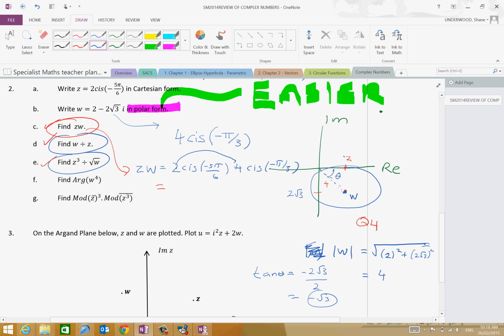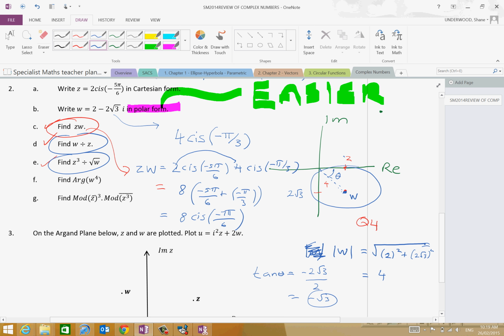Is that the argument? No, modulus. We multiply the modulus, 8, and we add the arguments. Now, be careful though. Minus 5 pi on 6 plus minus pi on 3. Let's do our fractions. This is where students make mistakes. Minus pi on 3 is minus 2 pi on 6. We've got 8 cis of negative 7 pi on 6.